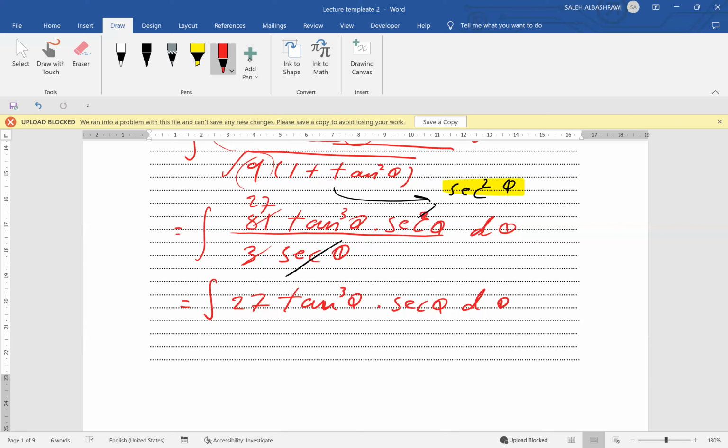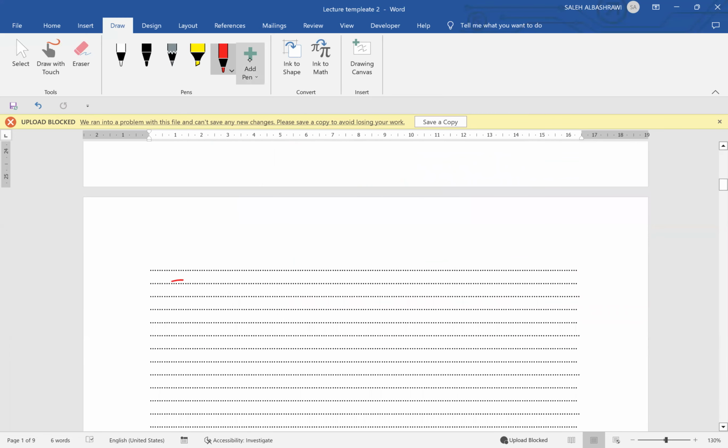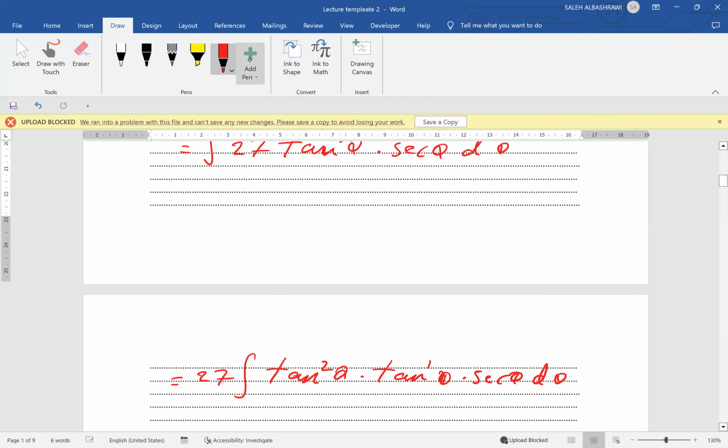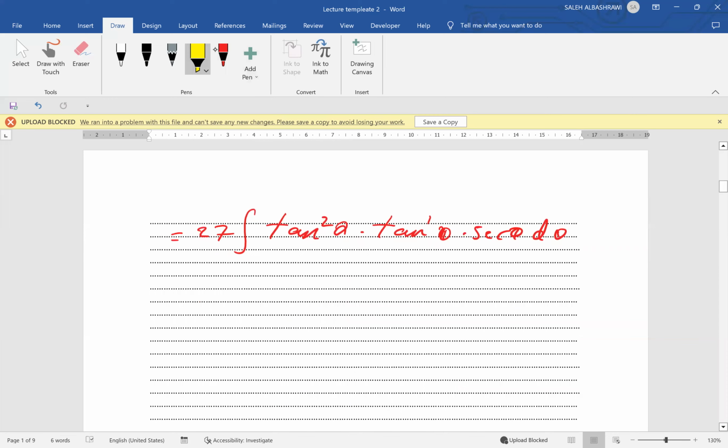We know this is one of the cases that we have discussed before. If I have an odd power for the tangent, I will save one tangent out. So this can be written as 27 times the integration of tangent squared theta times tangent to the power 1, d theta. Because I have tangent times secant theta, I'll save one tangent and the remaining will be an even power.